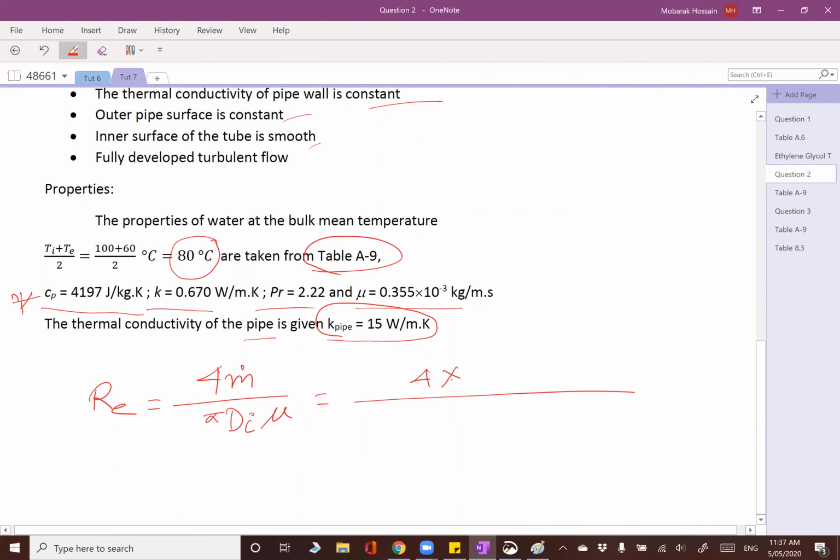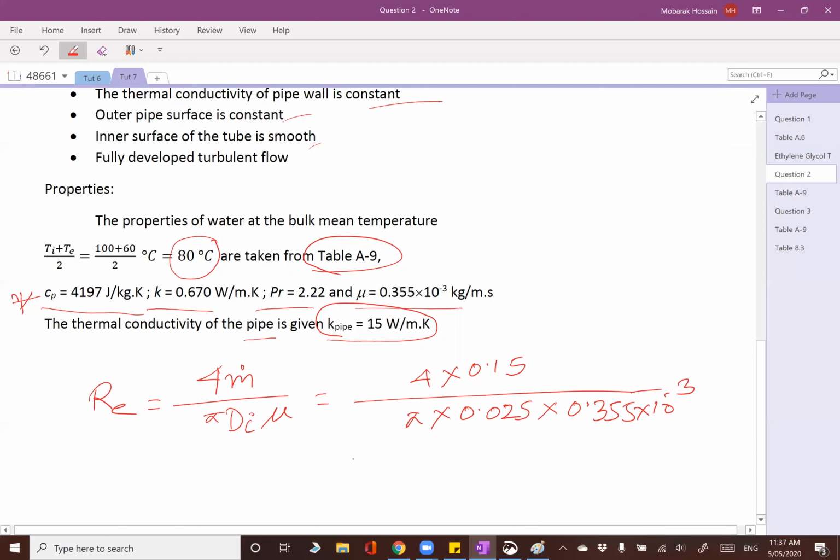So 4 times the mass flow rate, 0.15, divided by pi times the inner diameter, given as 2.5 centimeter, which converted to meter becomes 0.025 meter, and the viscosity is 0.355 times 10 to the power negative 3.